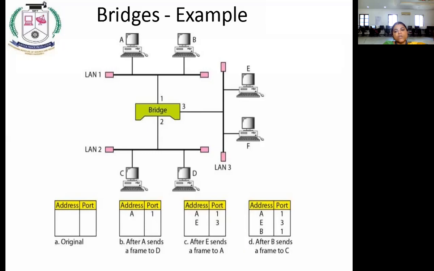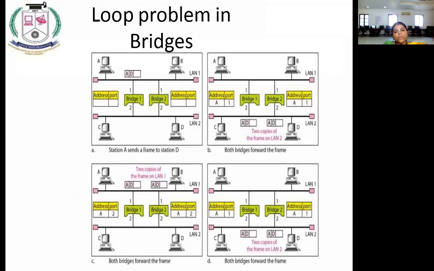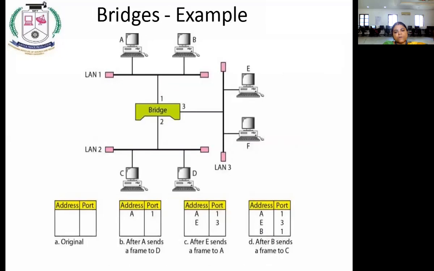So how is the bridge table going to be formed? Bridges, with the messages sent, will it be exposed to other systems? I'm not getting it, come again. Yes, just a second.